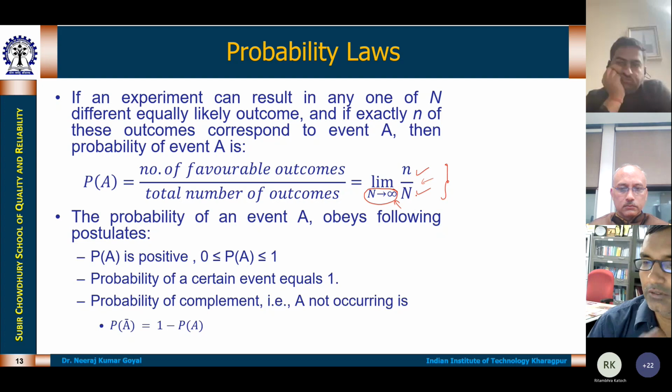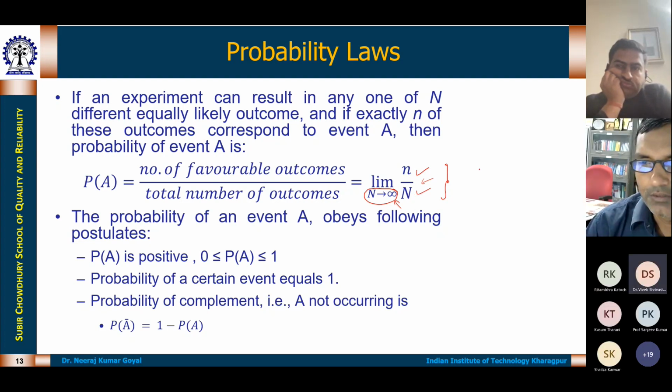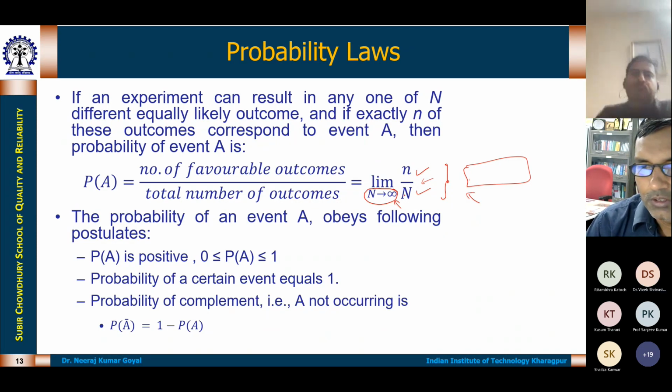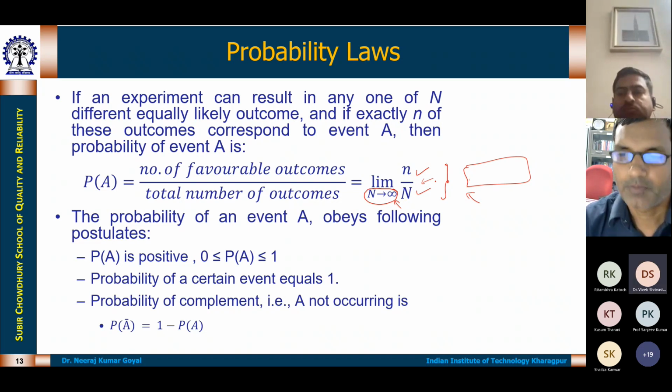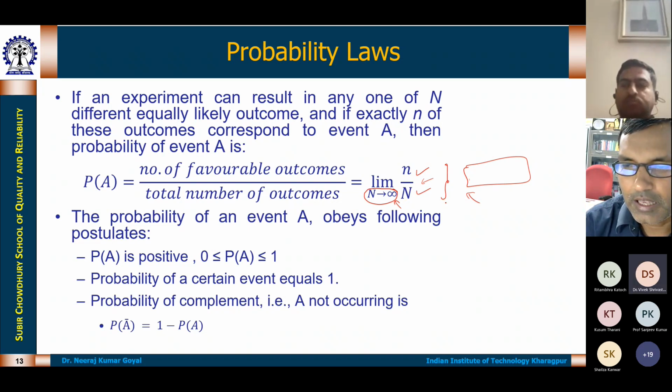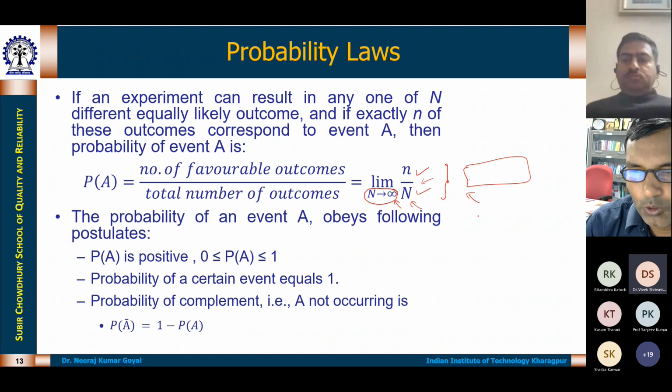If you want to say that something is having high failure probability, we should take a large sample size. We have to look at the neighbors, whoever other customers are there. The observation has to be made on a larger sample size, because any low probability event can also have a failure.